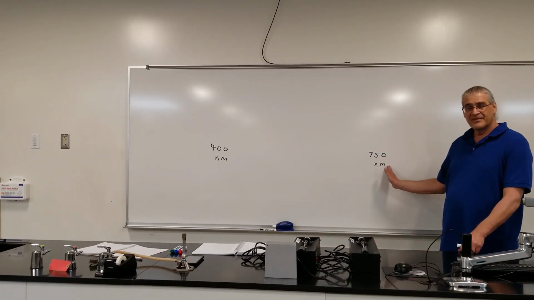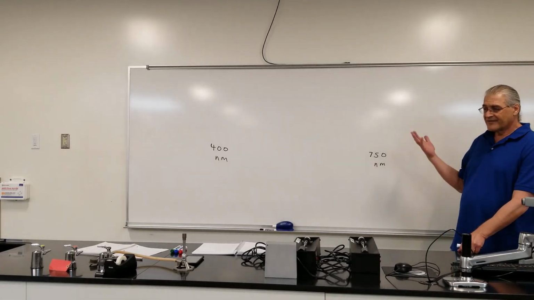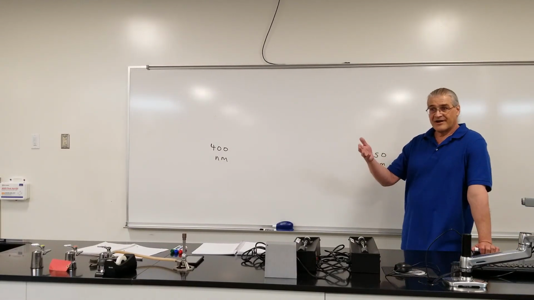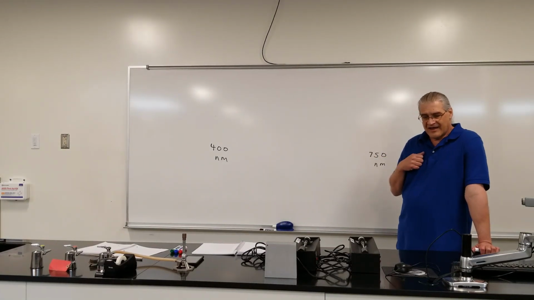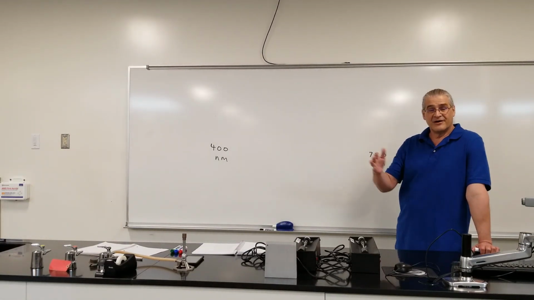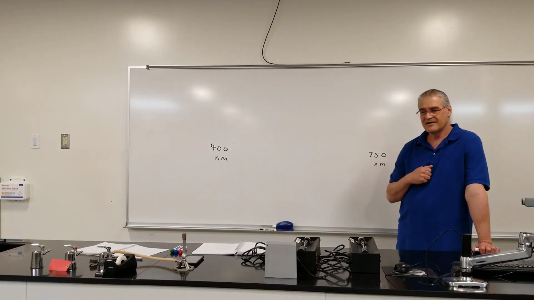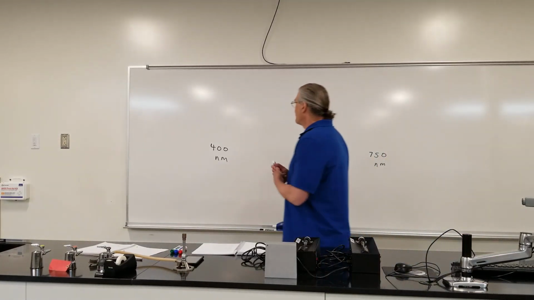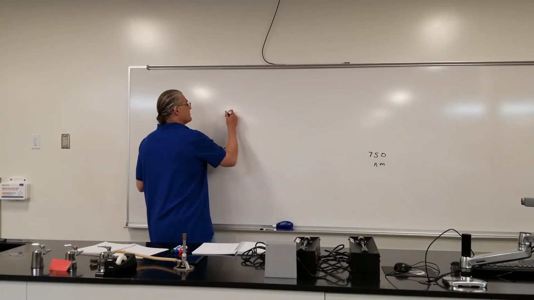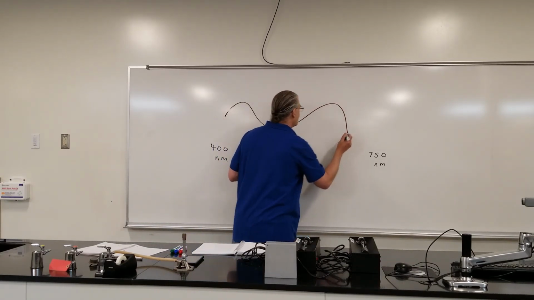750 nanometers. If you're not familiar with wavelength, we think of this electromagnetic radiation as energy traveling through the universe as a wave. Just as a wave in the ocean transfers energy, waves of electromagnetic radiation transfer energy. When you're talking about waves, you always talk about them in terms of wavelength.